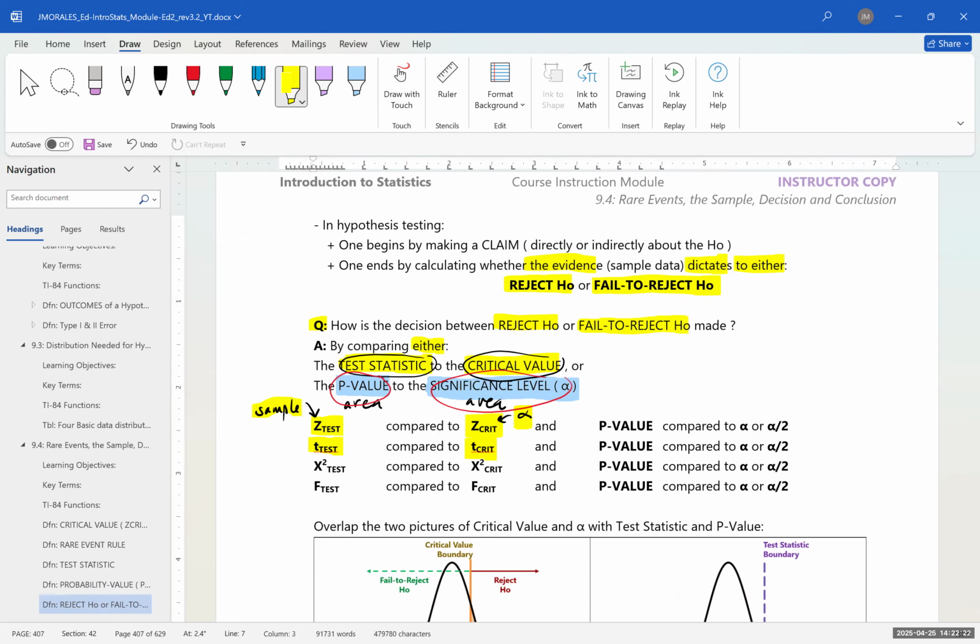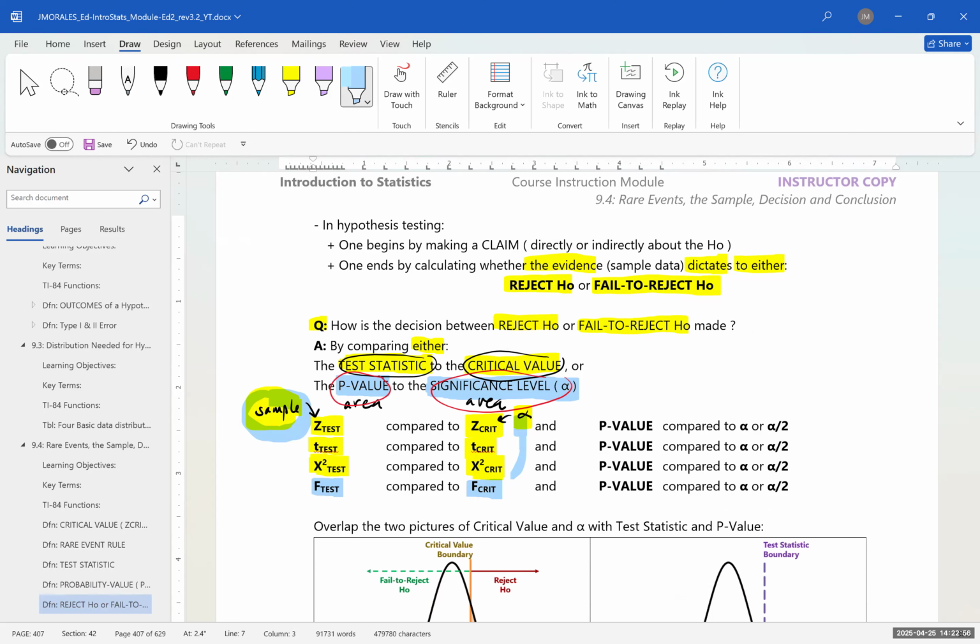You could compare a chi-squared test statistic, which again comes from your sample data, and compare that against the chi-squared critical value, which, guess what, comes from the significance value. Or you could compare an F test statistic, which comes from your sample data, and compare that to an F critical value, which, you guessed it, comes from your significance level.